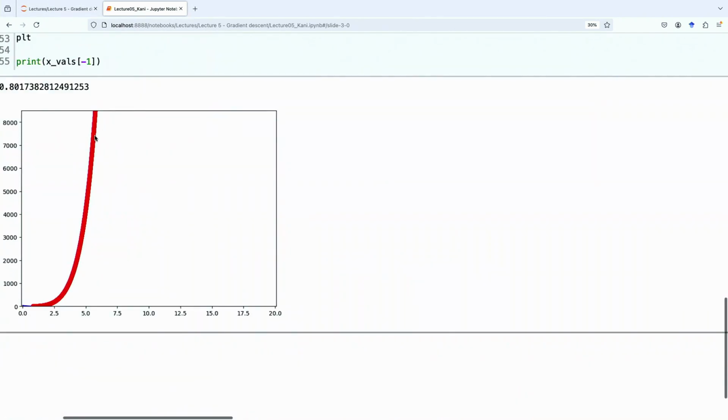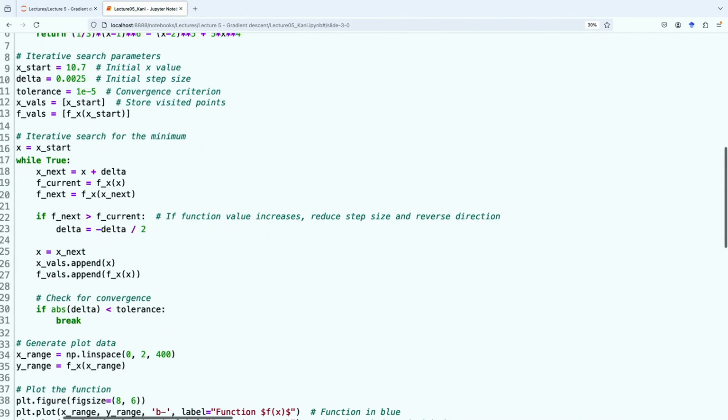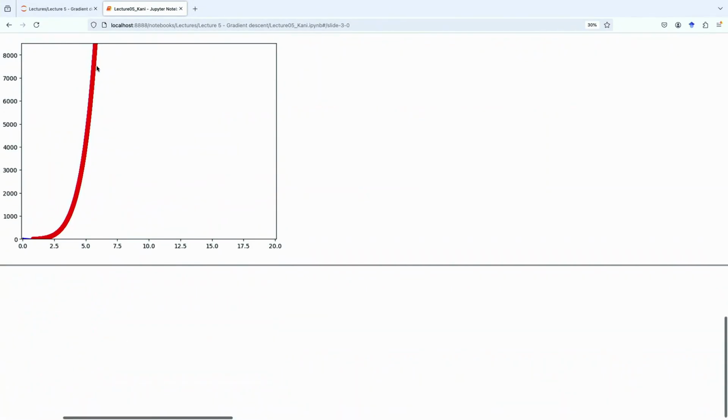If we're at this point, and we see that the function is almost vertical, why would we only take a step size of 0.0025, right?